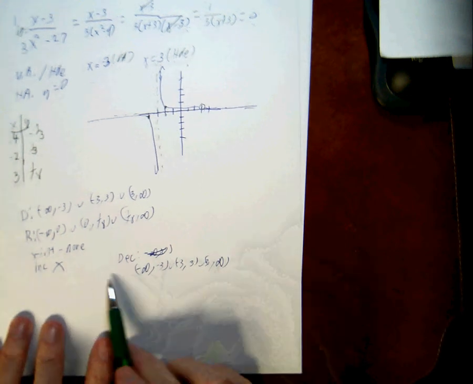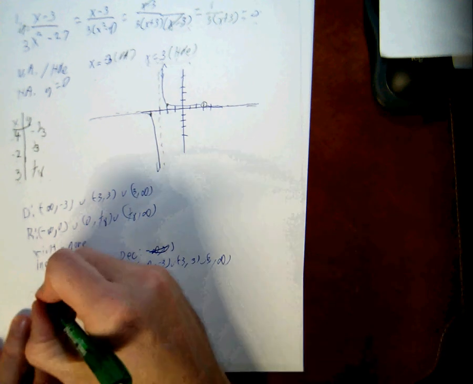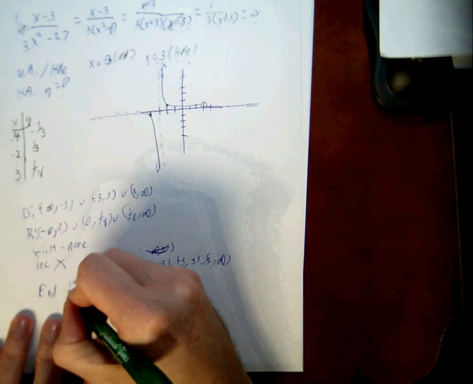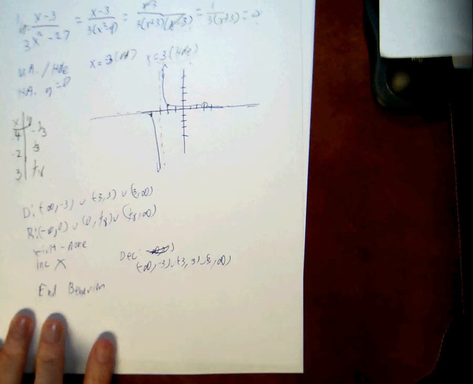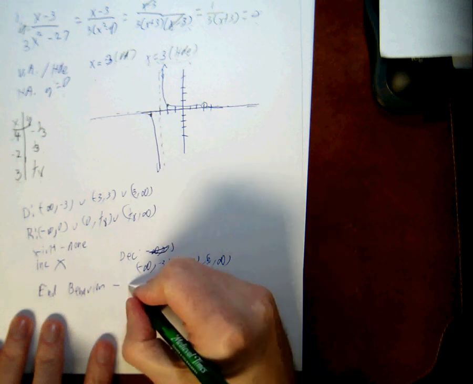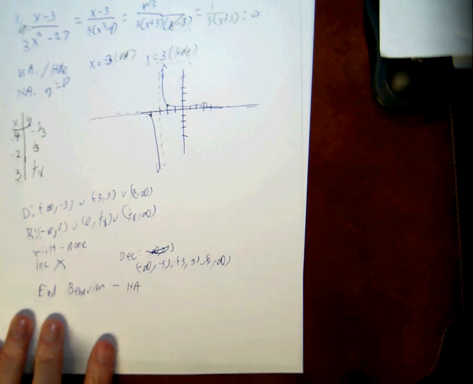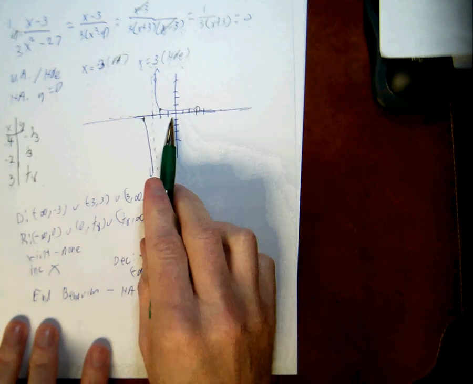All right. And then the next thing I have is something called end behavior. What the heck is end behavior? Basically, end behavior is the same thing as your horizontal asymptote. End behavior is asking, what y value do we get close to as I go all the way to the right?